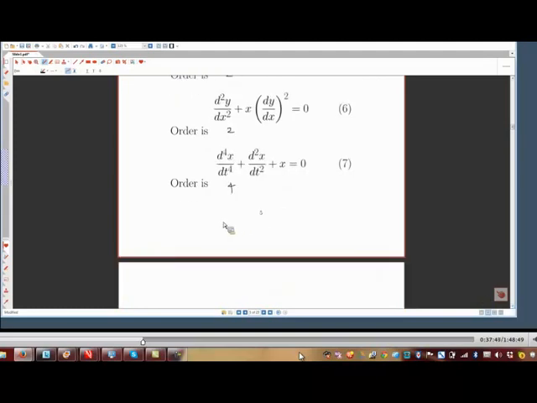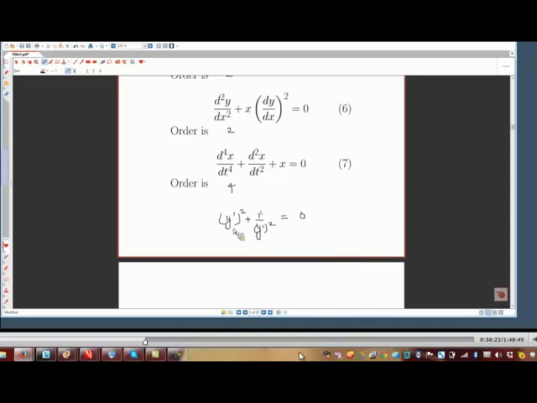What about this differential equation? Let me give you this one. What is the order of this differential equation? You are saying the order is 5. I would say the order is what?